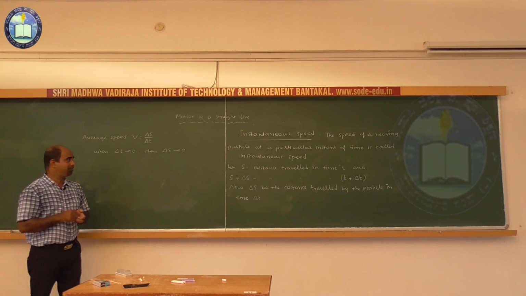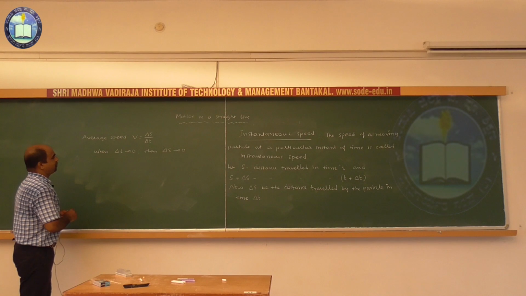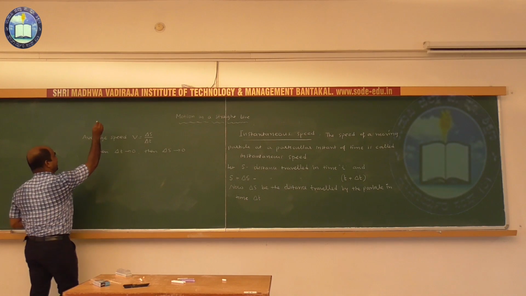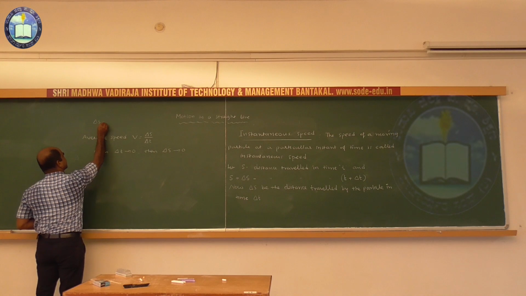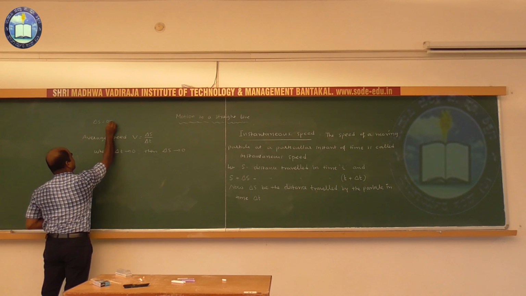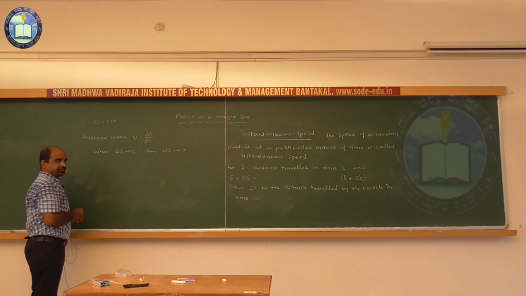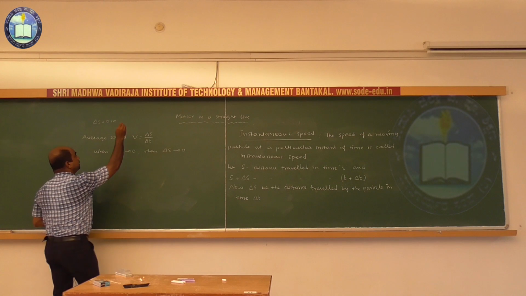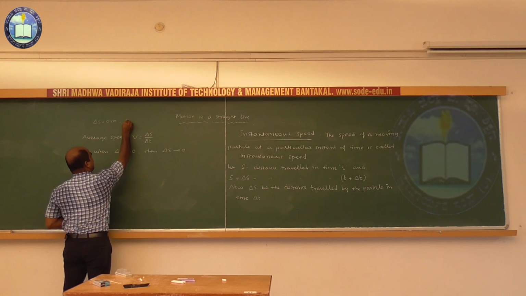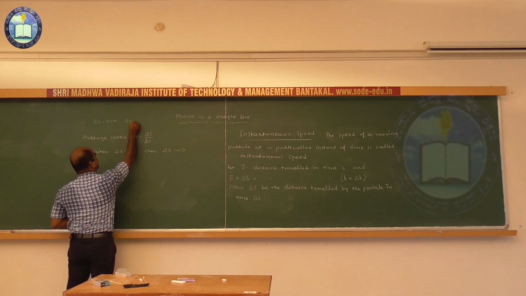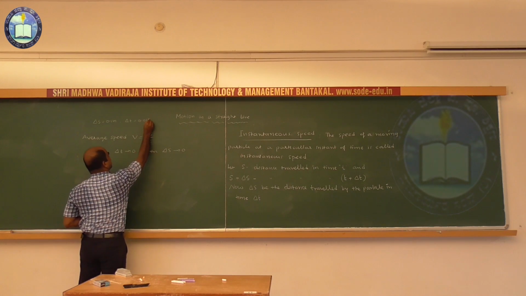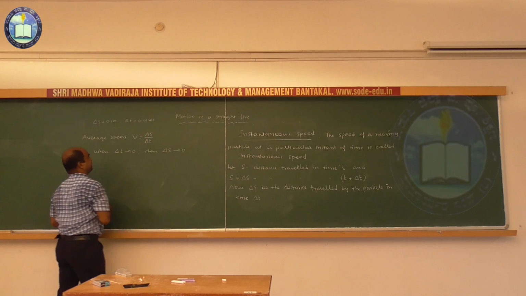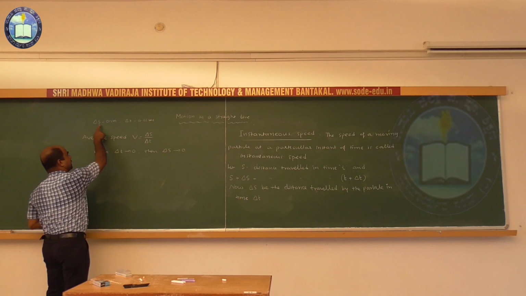For example, just for the sake of understanding, say delta S, the distance traveled by the particle, is 0.1 meter, just 10 centimeter. Then delta t, the time taken by the particle to travel this distance, is say 0.01 seconds. Then what is the average speed?